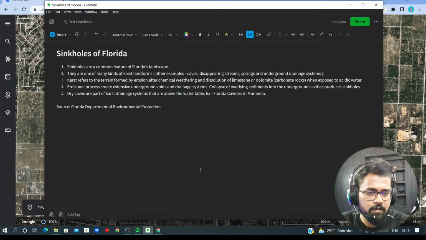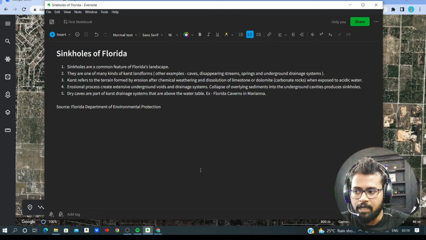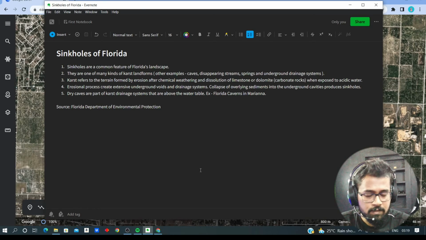It's a Florida caverns in Marianna. Dry caves are part of karst drainage systems that are above the water table. So if it's below water table, there will be presence of lakes. If it is above water table, it will be dry caves, where you can see stalactites and stalagmites and other karst landform features, right?